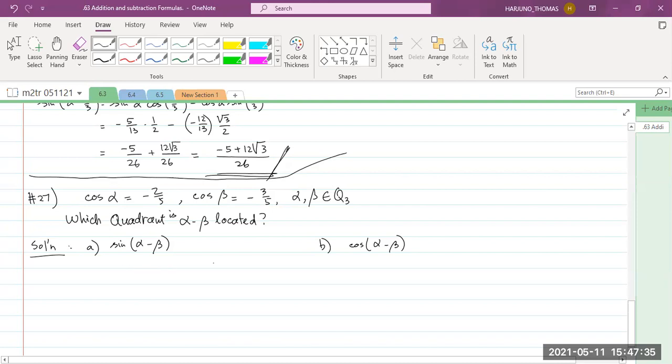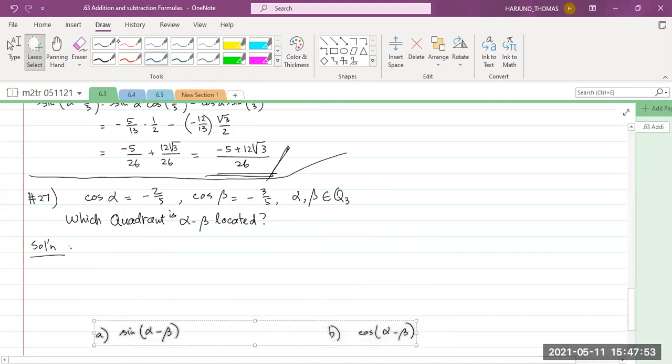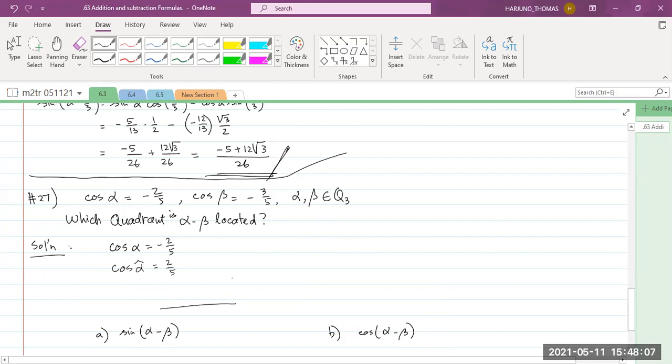Now, we will see whether sine alpha minus beta and cosine alpha minus beta are positive or negative, and from there we can decide which quadrant they are located in. But for us to do this, we need to first set up the triangle. The thing is, both of these angles are not in quadrant 1, so I need to talk about the reference angle first, and then draw the triangle.